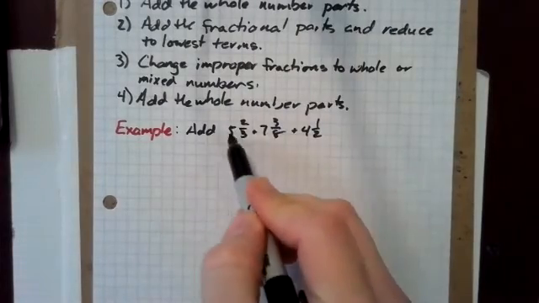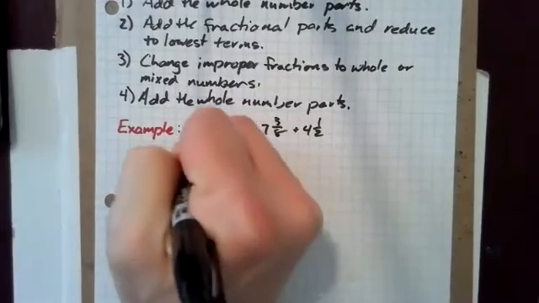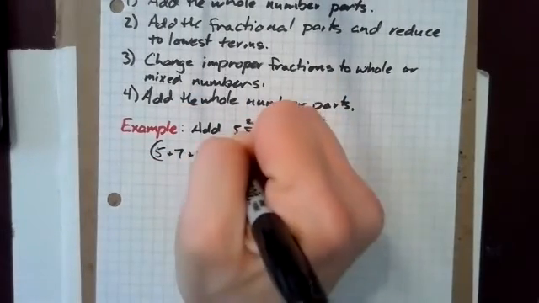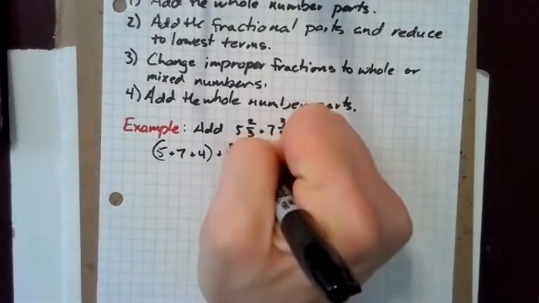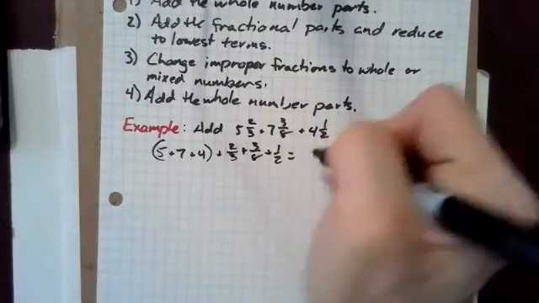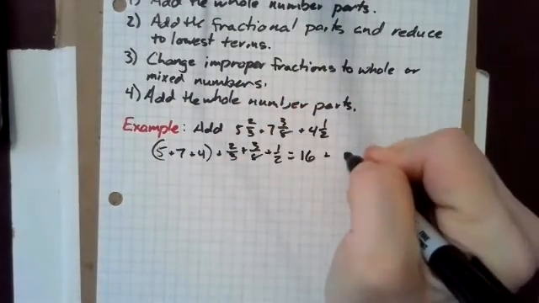So we can add the whole number parts first. That's 5 plus 7 plus 4. And then we'll have our fractions, 2/3 plus 3/8 plus 1/2. 5 plus 7 is 12 plus 4 is 16, plus our fraction parts.